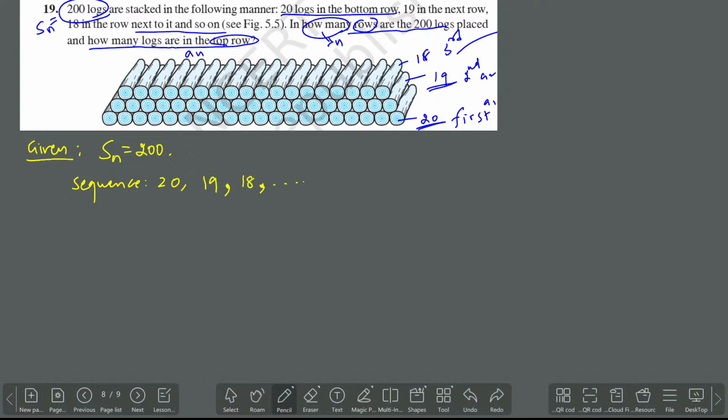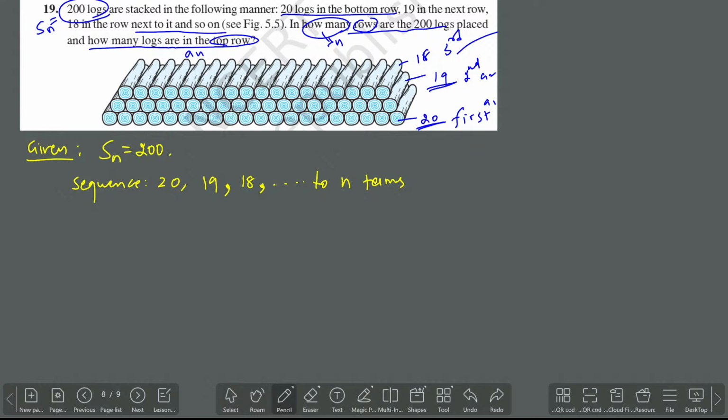It's going to n terms because they didn't mention what the top is. Bottom 20, top they didn't mention. Even how many rows there are, they didn't mention. They are asking both. We don't know what n is, we have to find n and we have to find an. Both we should find. Understand?